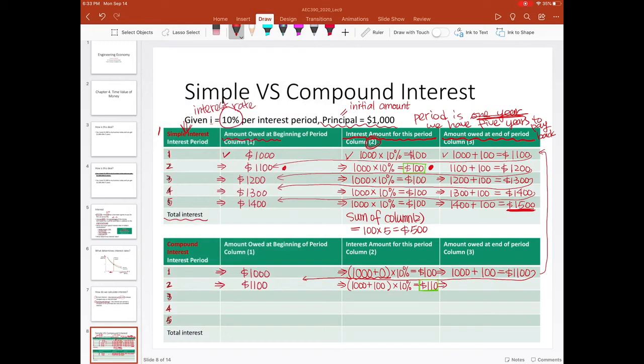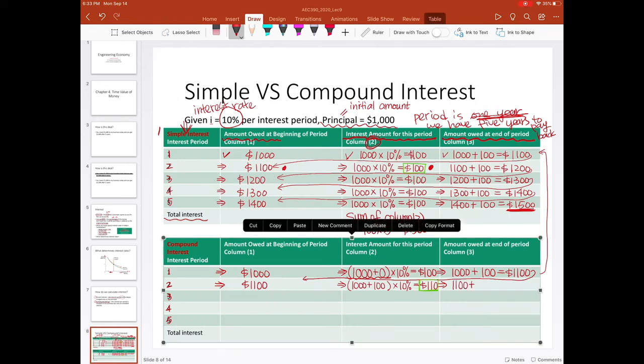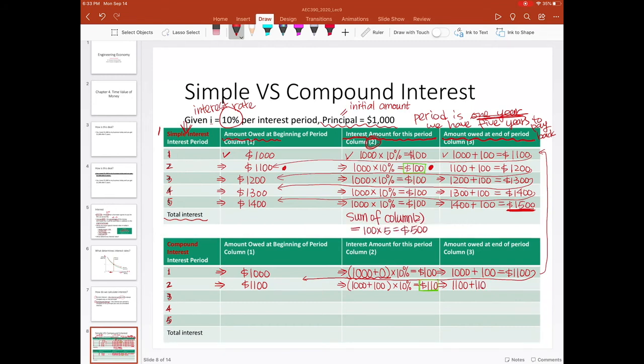Okay, now let's take a look at the amount owed at the end of the second year. It will be the amount you owed at the beginning, which is 1,100, plus the interest. Now the interest will be 110. It's not 100, okay? So the total amount you owed at the end of the second year will be 1210.